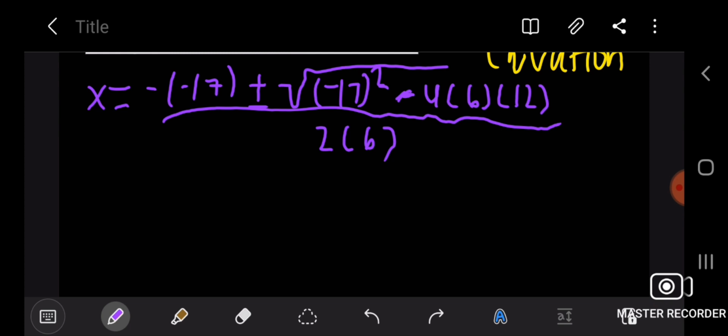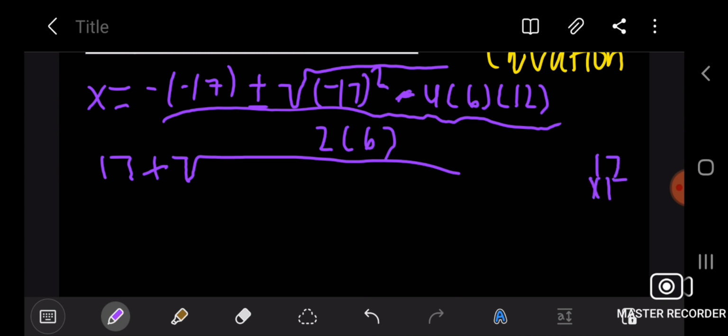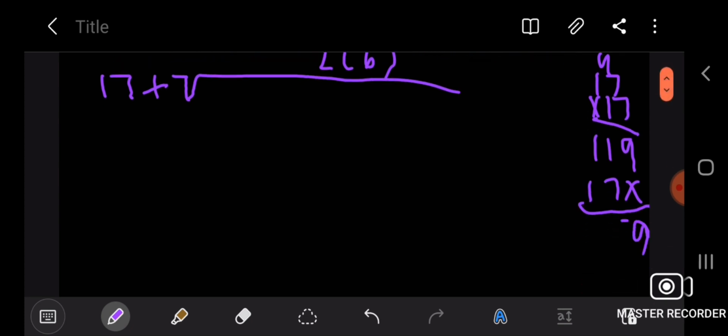Negative 17 times negative 17 is, well, we'll see here soon. 7 times 7 is 49, and then we're going to get 289.